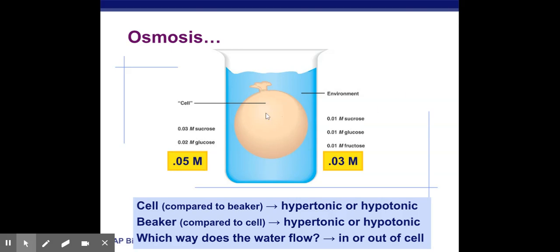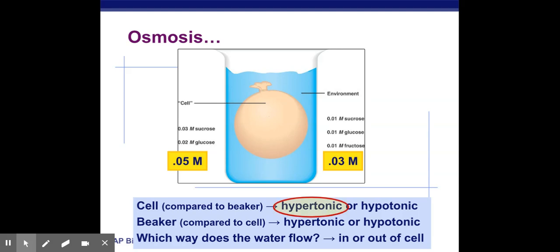So the cell is actually hypertonic in this case, compared to the environment that has 0.03 concentration. So this is going to be hypotonic, and water wants to move from more water to less water, from high concentration to low concentration. Again, this is a diffusion process going with the concentration gradient.